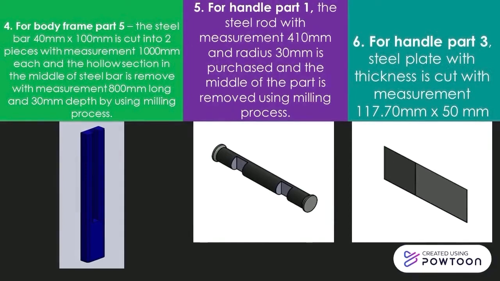by using milling process. For handle part 1, the steel rod with measurement 410mm and radius 30mm is purchased, and the middle of the part is removed by using milling process. For handle part 3, steel plate with thickness is cut with measurement 117.70mm x 50mm.